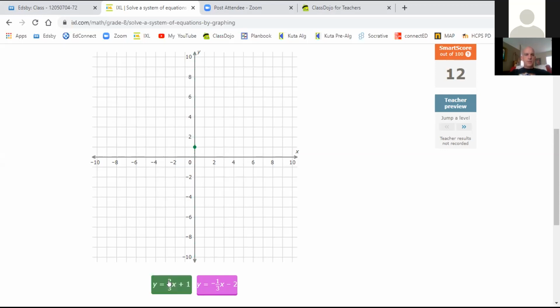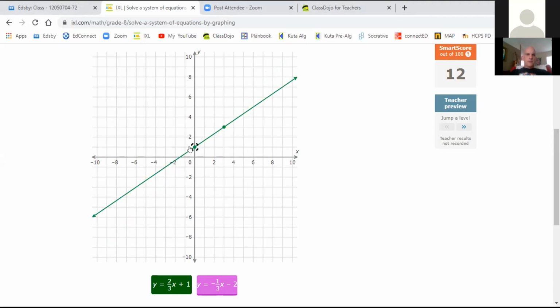All right, and this is a 2/3 slope, or a 2 to 3 slope, meaning that we have a +2 and a +3 as our numbers for our rise and run. So our rise is +2, so we're going to go up 2, and then run is +3, so we're going to go right 3. All right, so up 2, right 3, 1, 2, 1, 2, 3. That should be our line.